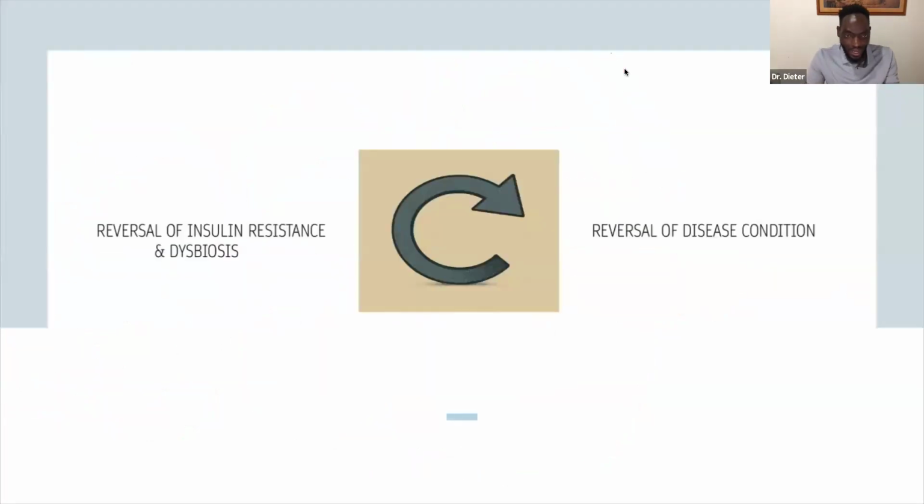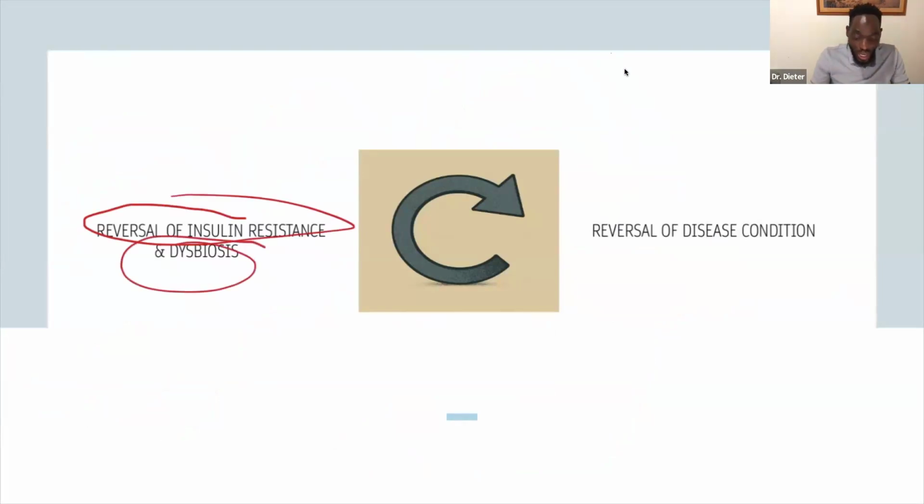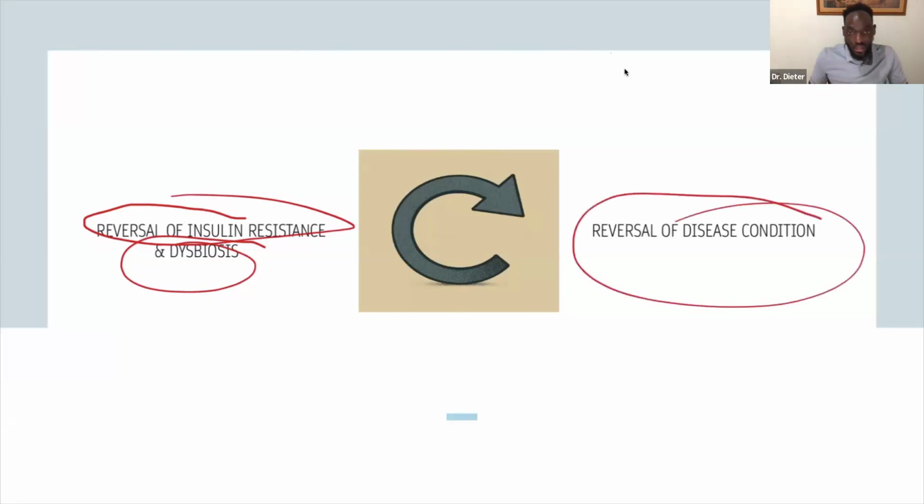Now, all of that is bad news. All of that is depressing stuff. But there's good news. Why? Because science now has more and more evidence that if the cause of our problems is these two things, insulin resistance and dysbiosis, causing an energy shortage that results in cell malfunction and disease, then if you restore the energy shortage, you can reverse that disease condition.